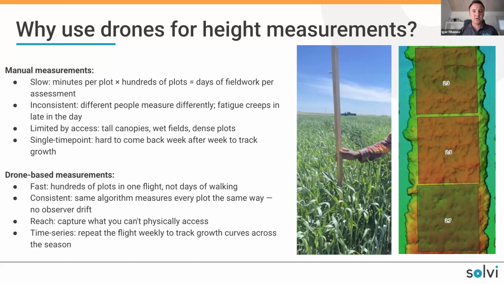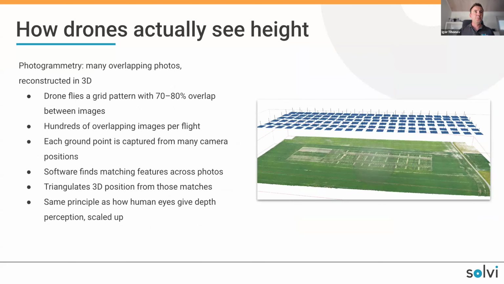So one person can go out in a field trial, collect imagery in maybe a 30 minute flight, and then go back to the office, process it, and in another few hours extract a bunch of different metrics, including health, counts, crop height, and so on. So there are definitely benefits of using drone-based measurements, as you can see from this slide.